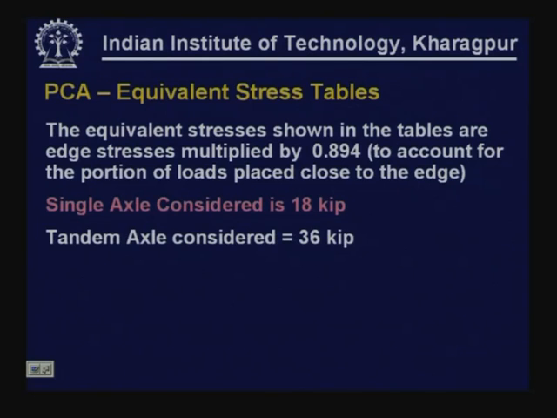Edge region is considered to be critical, and the stresses that are computed are for the edge region. The single axle considered is 18 kip, and the tandem axle considered is 36 kip in this analysis. These stresses correspond to 18 kip single axle and 36 kip tandem axle.